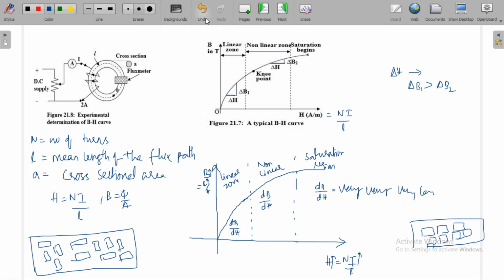In the initial portion of this curve, with the increase in H, B is increasing almost linearly, due to the presence of more number of randomly distributed domains.